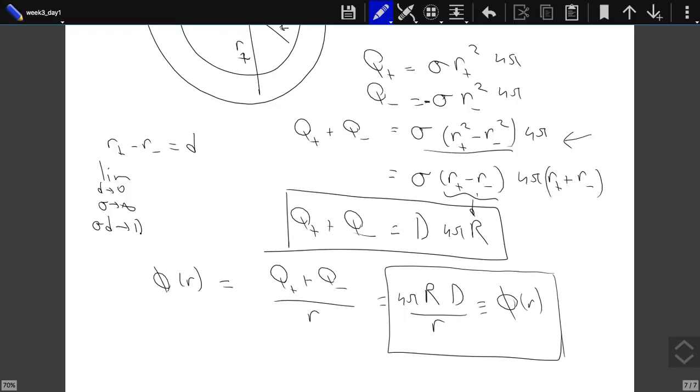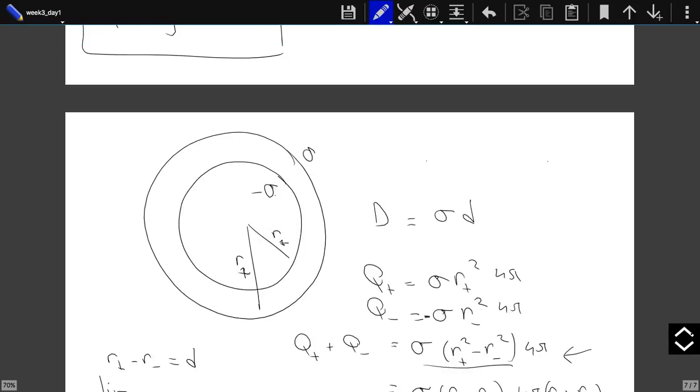R plus and R minus, they are going to R. R is this point. We are looking at the potential, let's say, at this point. This is our R.